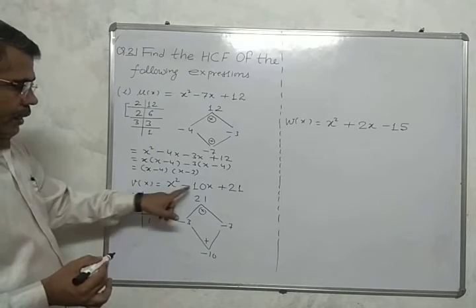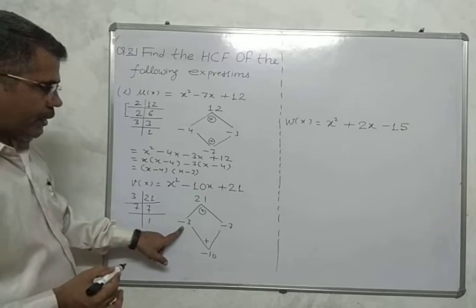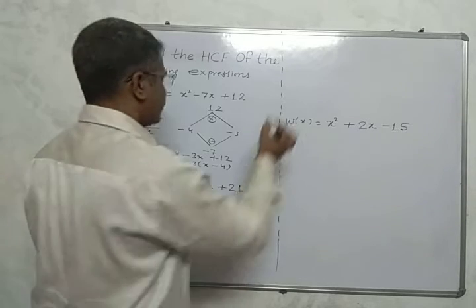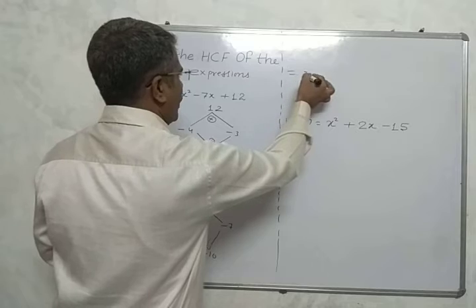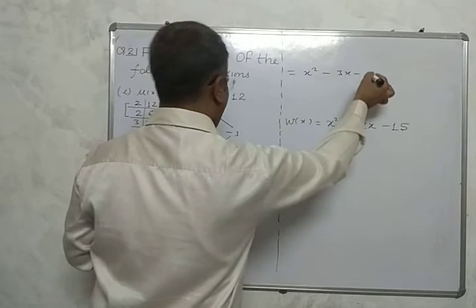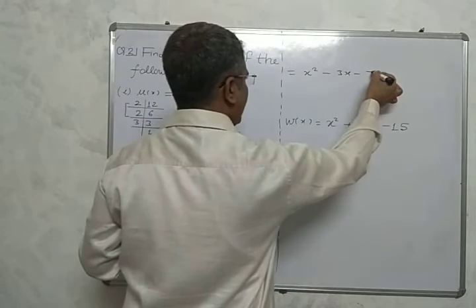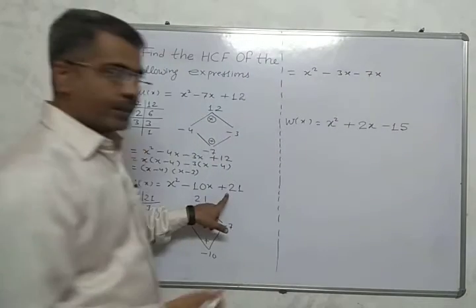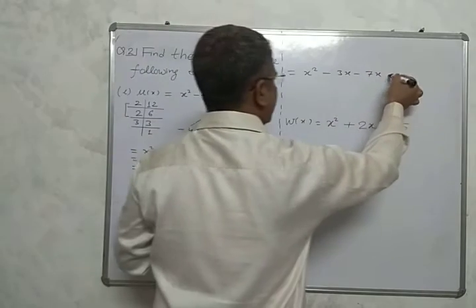So we write -10 in the form of -3x and -7x. x square minus 3x minus 7x and plus 21 as it is.